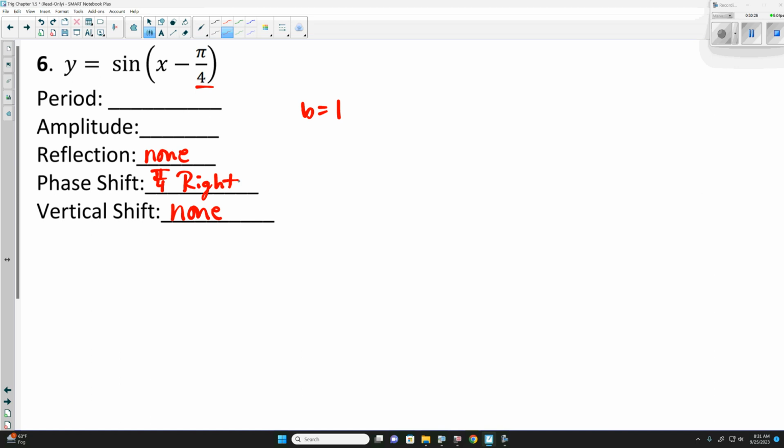Amplitude. Well, the value of A, the value in front of sine, is 1, so the amplitude is 1. Period would be our 2 pi over B, which is just 2 pi. And that's it.